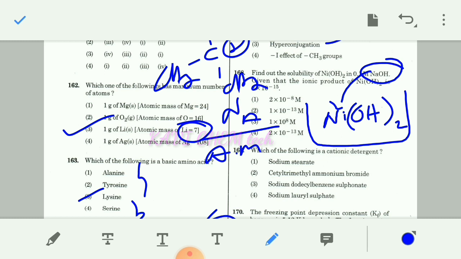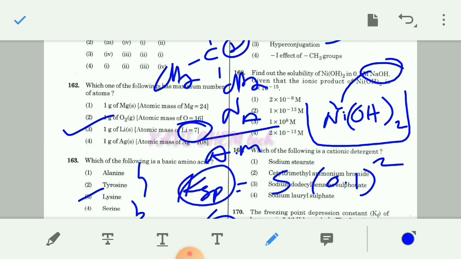So as you know, the solubility product Ksp is equal to solubility into the solubility of the sodium hydroxide, which is 0.1, so 0.1 the whole square. Here the value is given, it is 2 into 10 power minus 15. When this comes to the left hand side, it will become minus 2, so 10 power minus 15 will become 10 power minus 13. So option 4 is the correct answer.